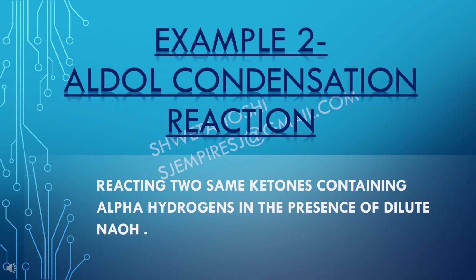In this case, we are going to take the example of reaction between 2 propanone molecules, which is also known as acetone, reacting in the presence of dilute alkali. In this case, we are going to take sodium hydroxide for forming the condensation product, which is known as ketol, containing ketone and alcoholic functional group.